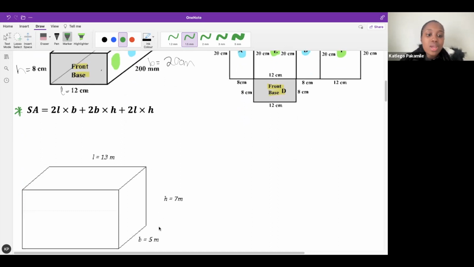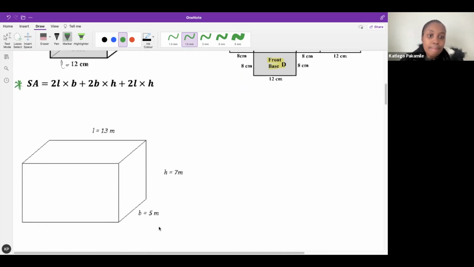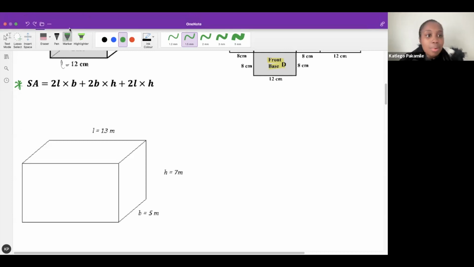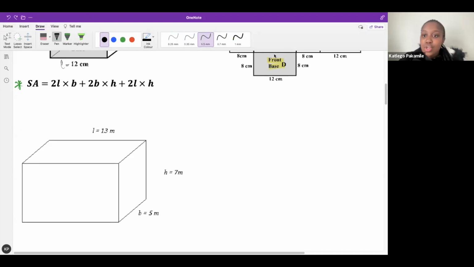Now, we have a rectangular prism here. Okay, we have a rectangular prism. The formula is right there, and they even were so nice to you as to label these as length and breadth and height. So let's apply it. First things first, you always rewrite your formula.